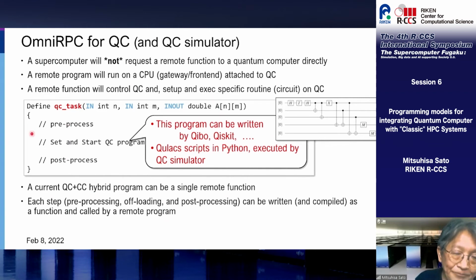The typical procedure is like this: pre-process, taking the argument here, and set up and start the quantum computer program.